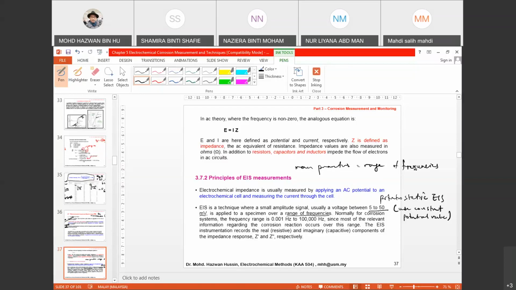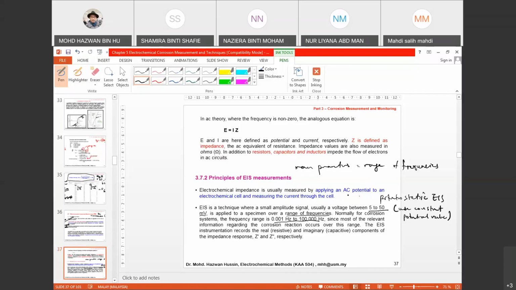But for EIS, you use frequency, not potential. Potential, you just keep it constant. You measure the current as a function of frequency.